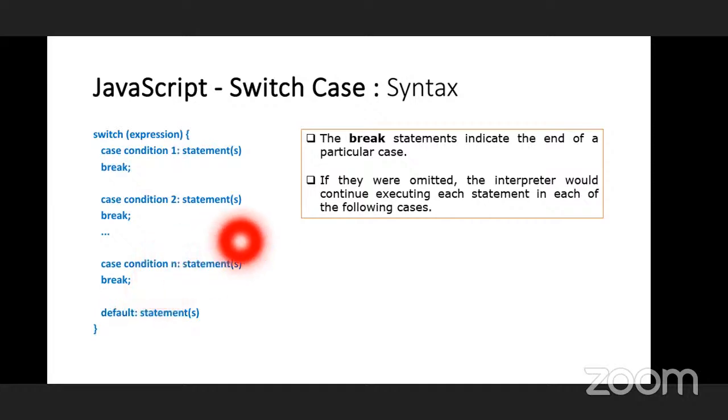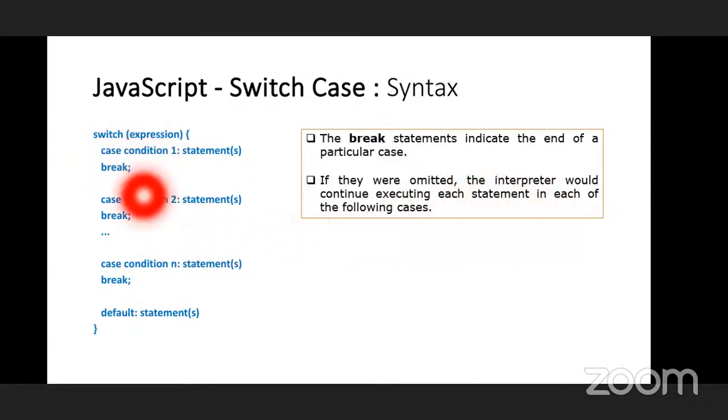Now, what is the importance of the break statement here? The break statement indicates the end of the particular case. Break, break, break, like this. This is used to indicate the ending point of the case. If they are omitted, the interpreter would continue executing each statement in each of the following cases. What does it mean?